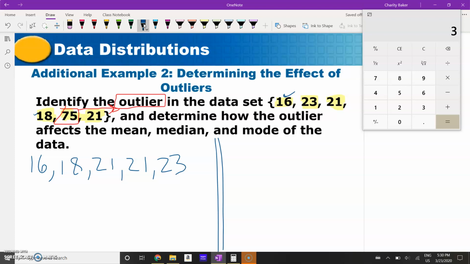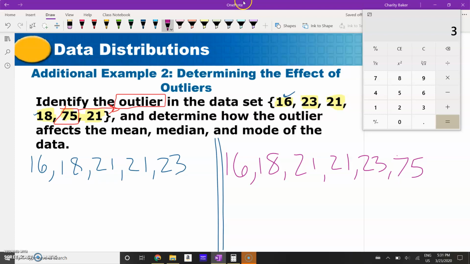No big deal. We're going to have another set of numbers with the outlier in it. And you'll notice, obviously, that the beginning is the same. 16, 18, 21, 21 again, 23, and then, of course, that 75 right there.